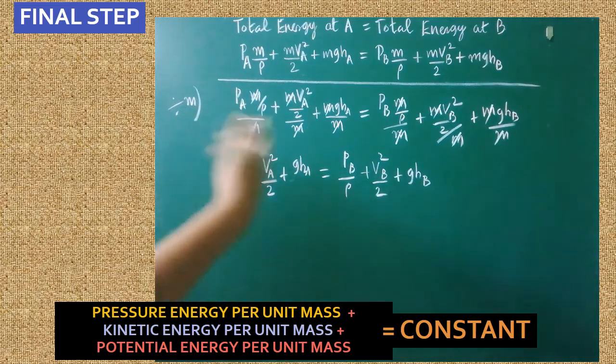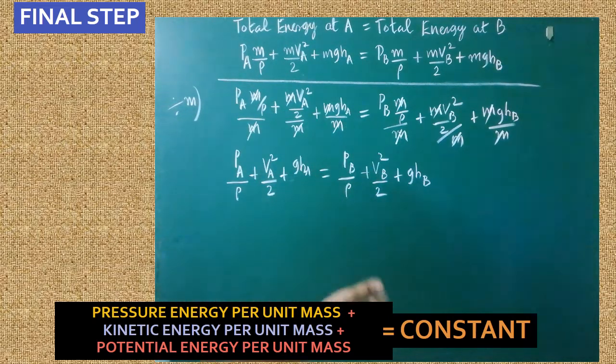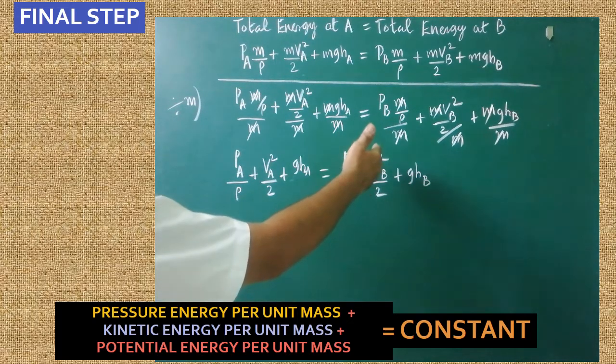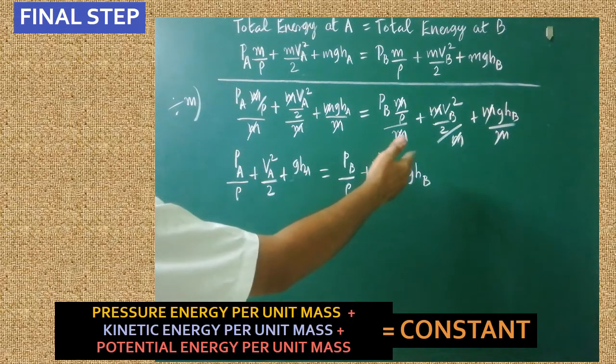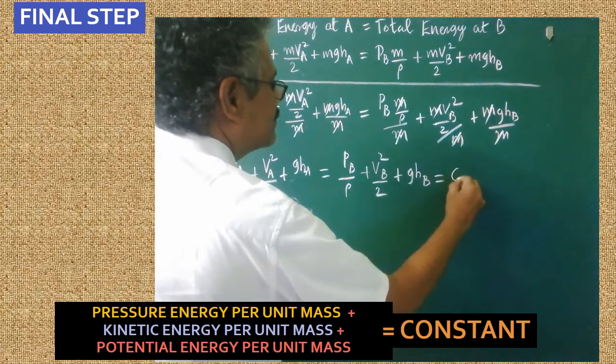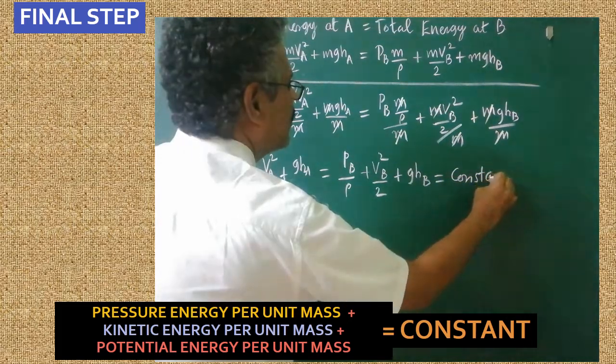If one more end is introduced, for example C end, how can the equation be written? PC divided by rho plus VC square divided by 2 plus g HC. Like that we can extend. So on either side both are equal, and finally both are equal to a constant.